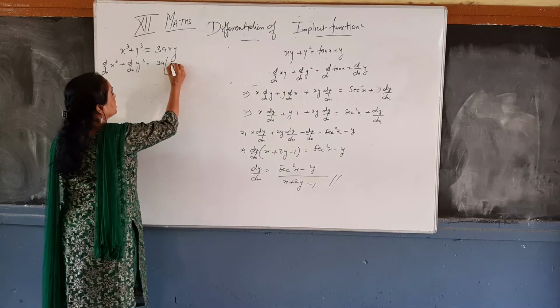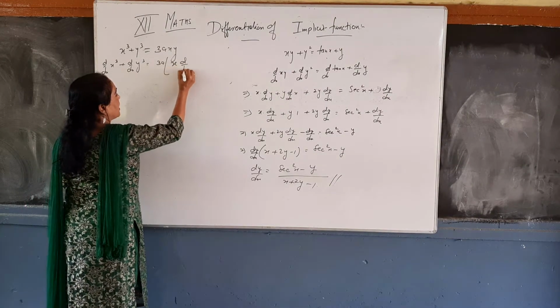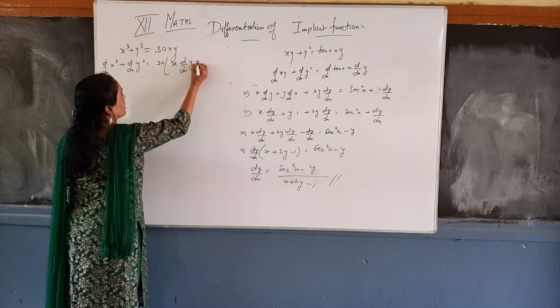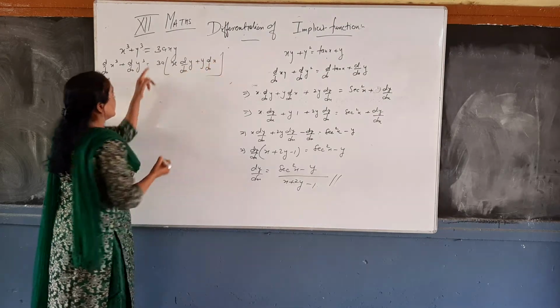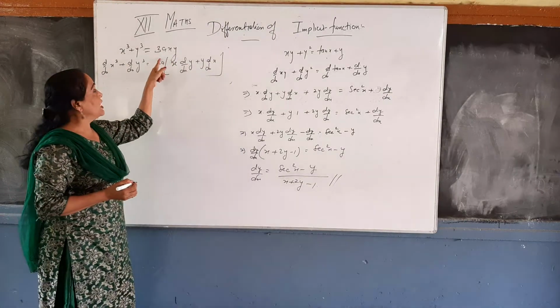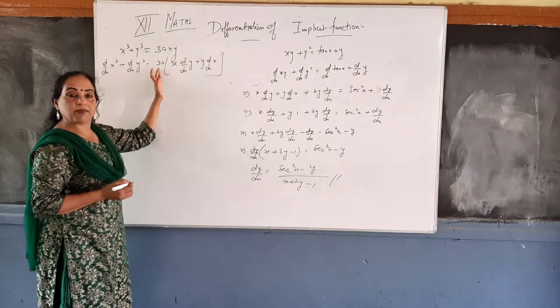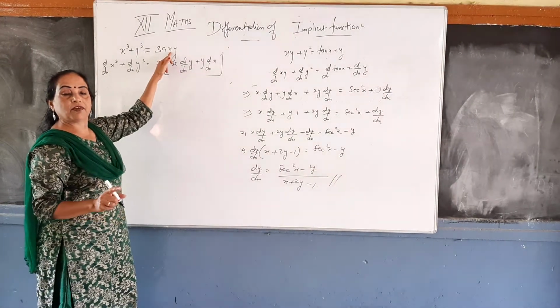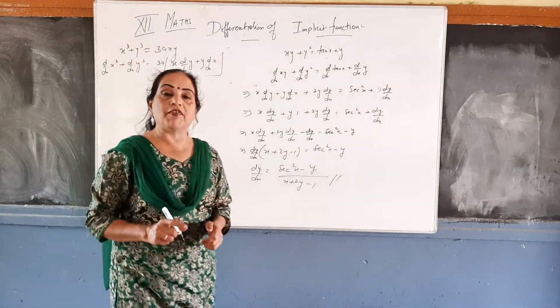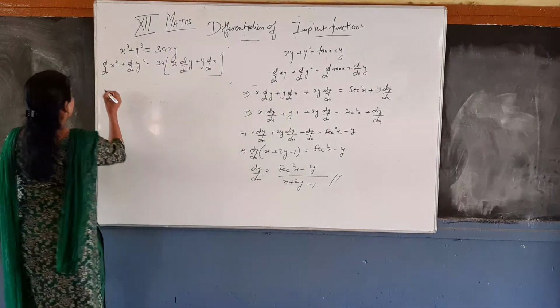First function, that is x into d by dx of y plus y into d by dx of x. Here 3axy is given, 3a is a constant term, so take it outside from the bracket, using the product formula, that is first function into differential of second plus second into differential of first. So here what will we get?